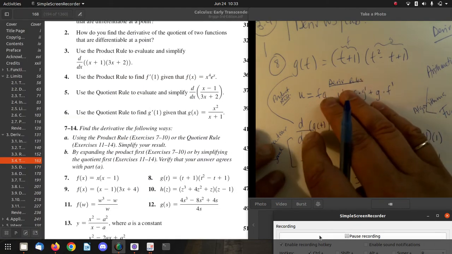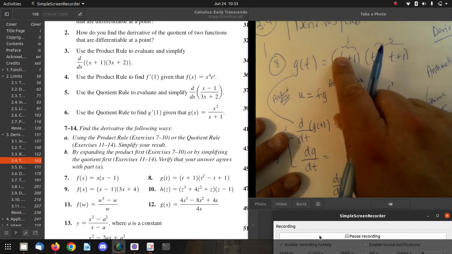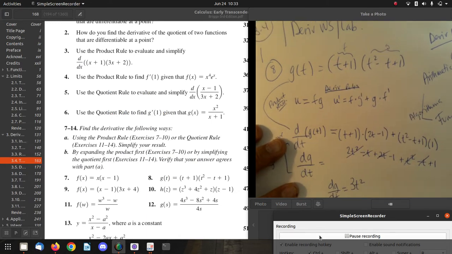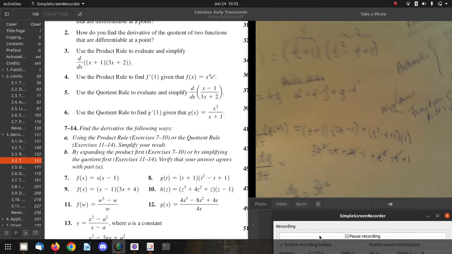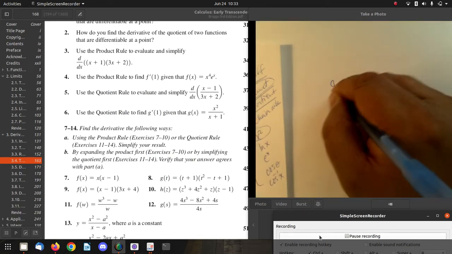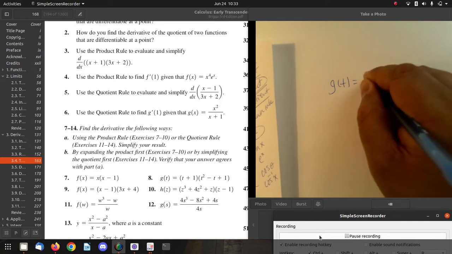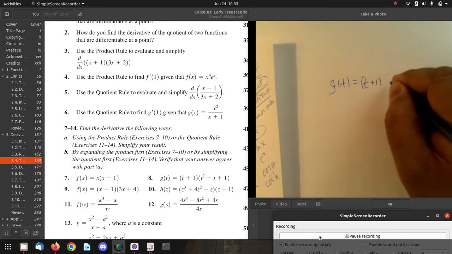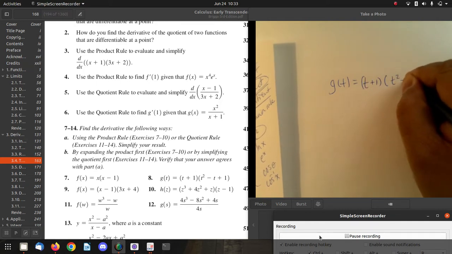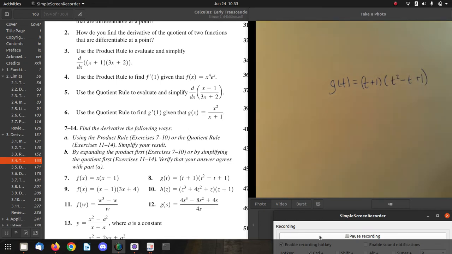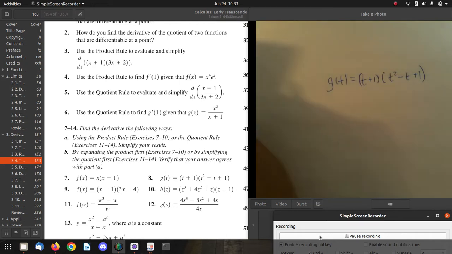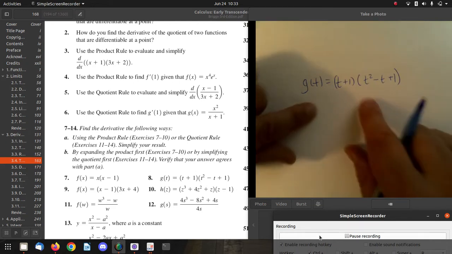Okay, now that's using the product rule, but note that the instructions said that you could also just expand this first, part B. They required you to do that. So the other way to do that is to go like this. So we take t plus 1, and instead of doing the product rule with it in its current form, we're going to expand this forward.